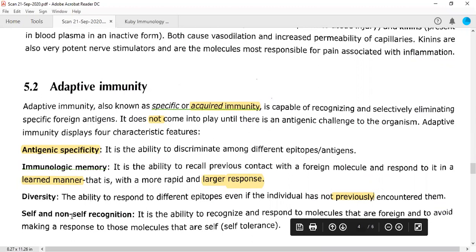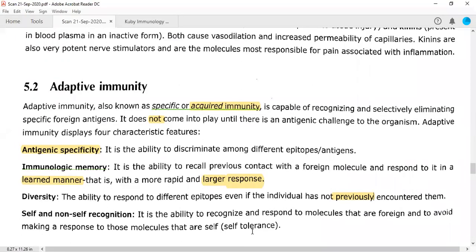And the last one is self, non-self recognition, which is the ability to recognize and respond to molecules that are foreign and to avoid making a response to those molecules that are self. So our immune system always has self, non-self recognition, whether it is adaptive immunity or innate immunity. It is self-tolerant. It is showing self-tolerance to the molecules which belong to the host body.